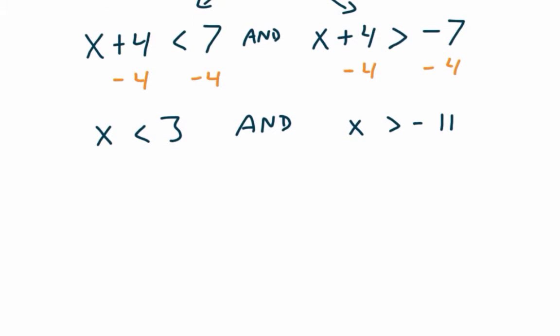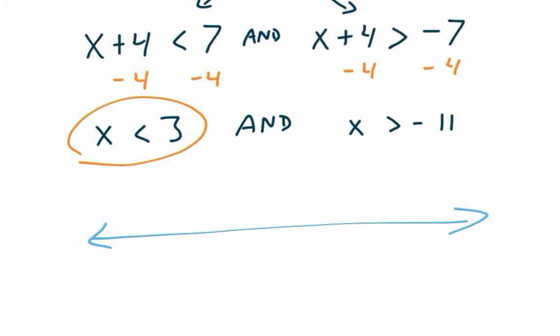So if we want to graph our solution, we give ourselves a number line. Maybe we'll pick orange for this one here, x is less than 3. So I have my 3, and less than means we use an open circle, and we shade everything to the left of that.